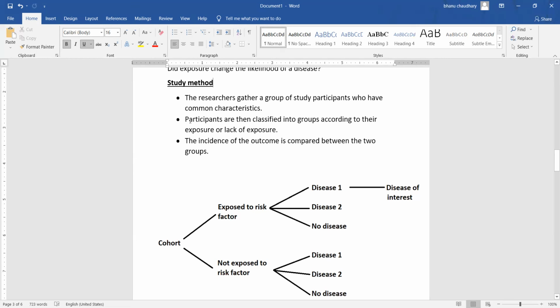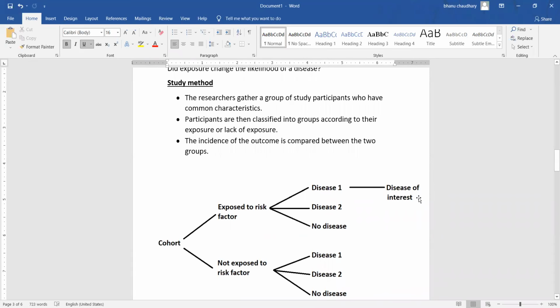So what's going to happen: the researchers will gather a group of study participants who have a common characteristic, the cohort. Then the participants are classified into groups according to their exposure status, whether they have the exposure or whether they do not. And finally, the incidence of the outcome of interest.